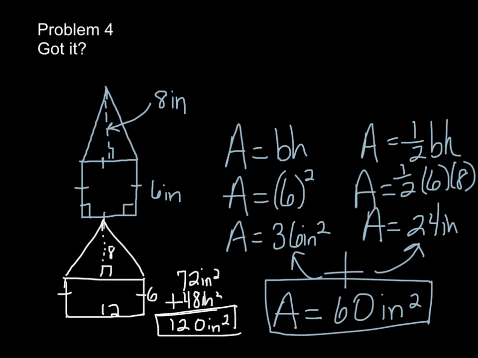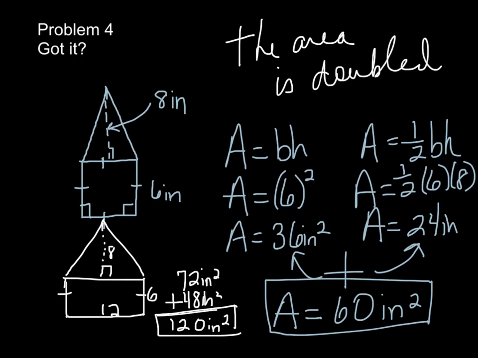So what we want to know is how is the area of the figure affected? It's doubled. If we go from 60 inches squared to 120 inches squared, the got it problem then would be the area is doubled.